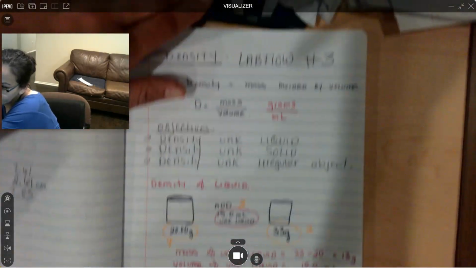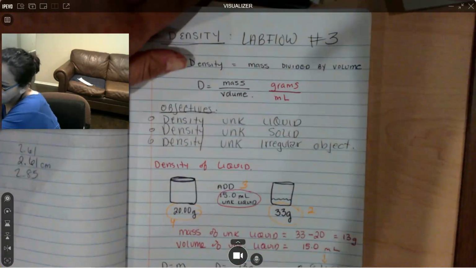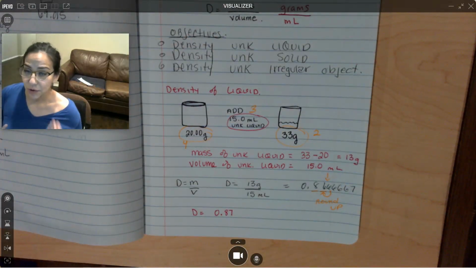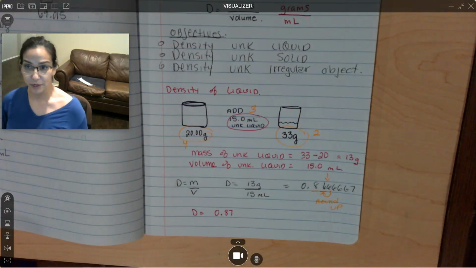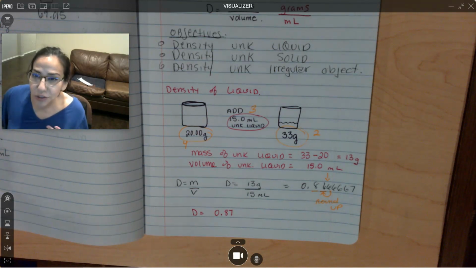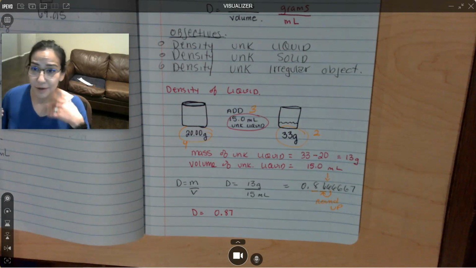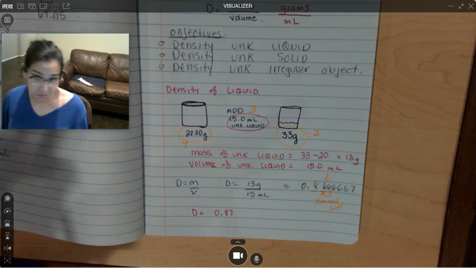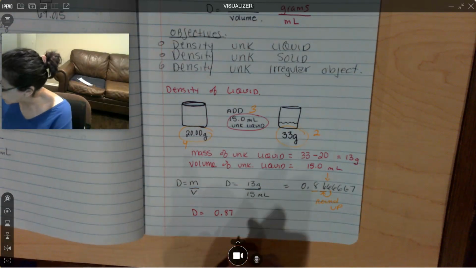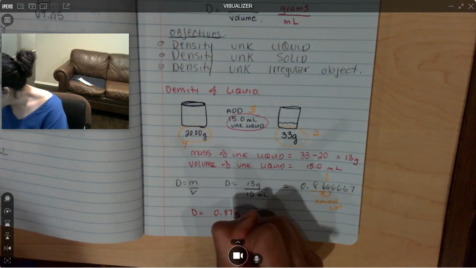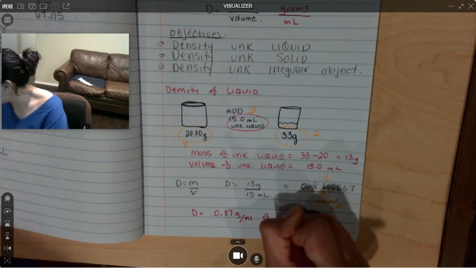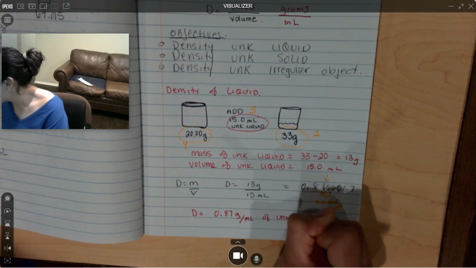If you fail to write the unit, you actually get it wrong, because you have 0.87 what? Dollars, pencils, 0.87 of a pie? In this case, our density is 0.87 grams per milliliter of the unknown liquid.